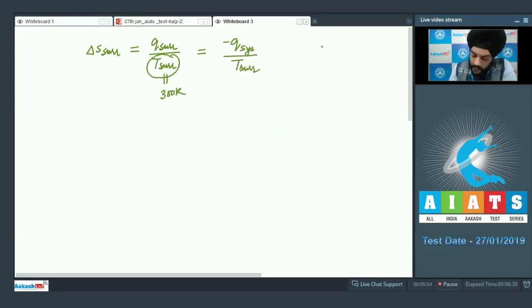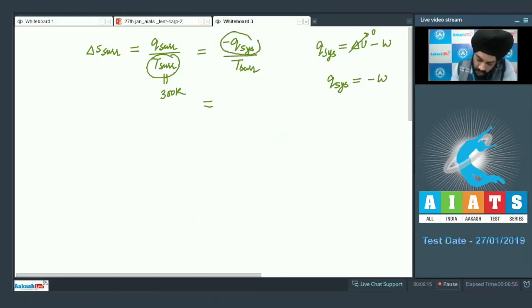So if you talk about the Q system now, Q system shall be equal to delta U minus W. So the process given to us is isothermal. Delta U shall be equal to 0. So the Q system will come out to be equal to minus of W. So if we talk about the delta S surrounding now, we can substitute the value of minus of Q system. So that will give us a value equal to W upon T surrounding.